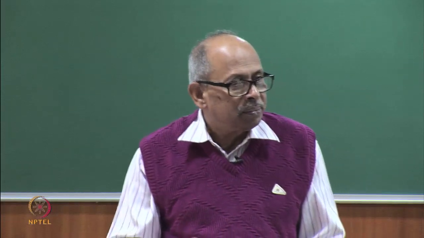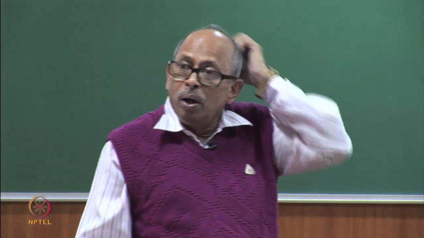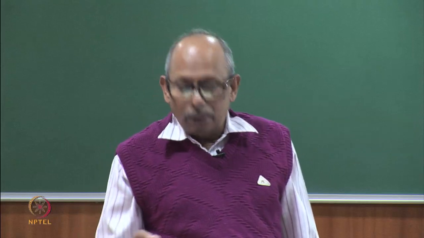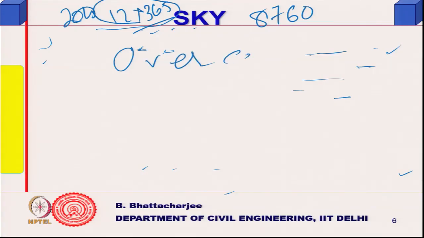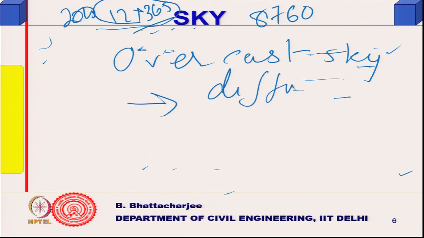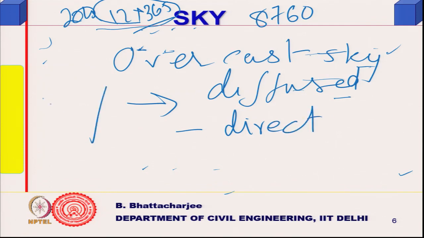Okay, let me first come to what it is based on. Now, diffused radiation in a completely overcast sky, since we have got two radiations, diffused radiation and direct radiation. Remember that global radiation was diffused and direct.